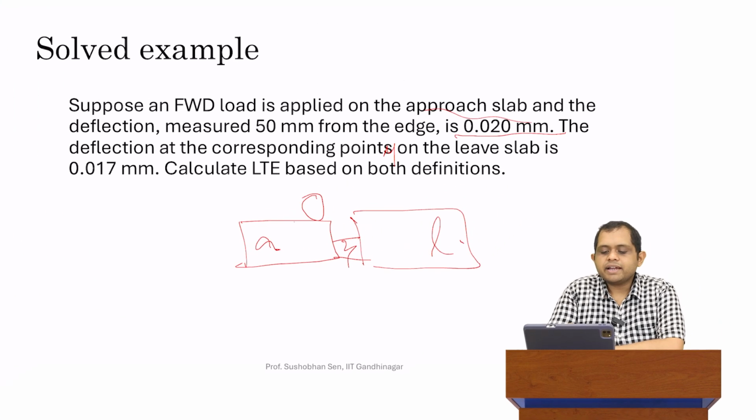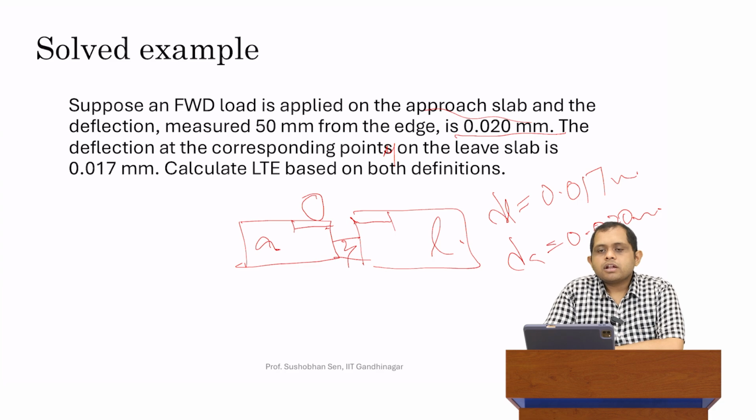It doesn't exactly say where it's been applied, so we'll go with the assumption that the load is somewhere close to the edge. At a distance of 50 mm from the joint, the deflection has been measured on the approach slab, and at a similar distance, 50 mm, the deflection has been measured on the leave slab. We are given DL is equal to 0.017 mm and DA is equal to 0.020 mm.